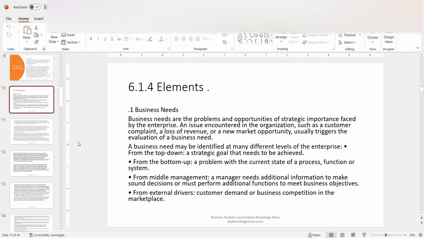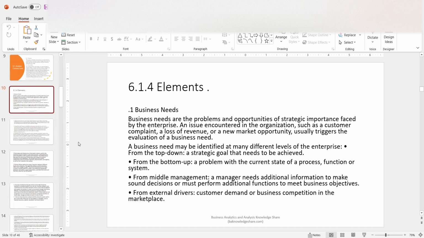For middle management, an example could be there is a process within operations that doesn't seem like it's working correctly, and the manager of that organization does not have the tools that he needs to solve for that problem. So how do we solve for that? Those are the sorts of needs from the middle management. External drivers could be customer demand or business competition.